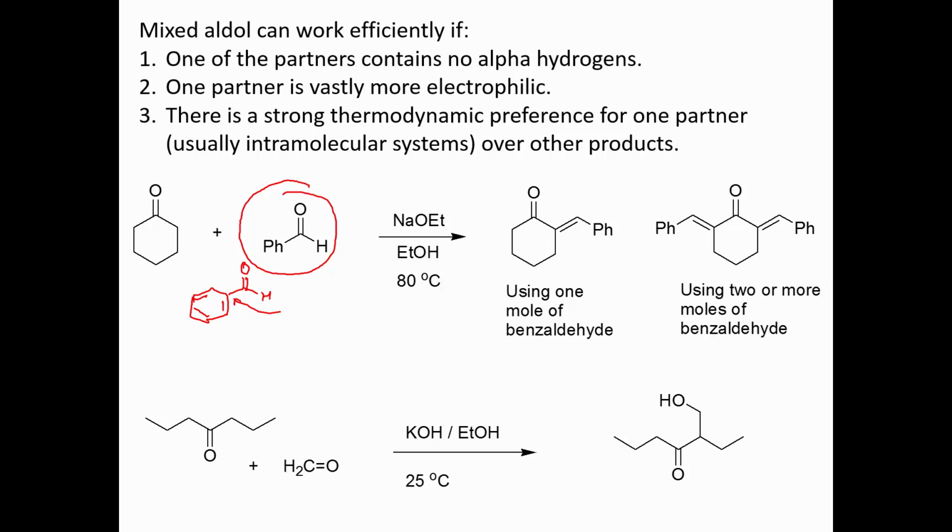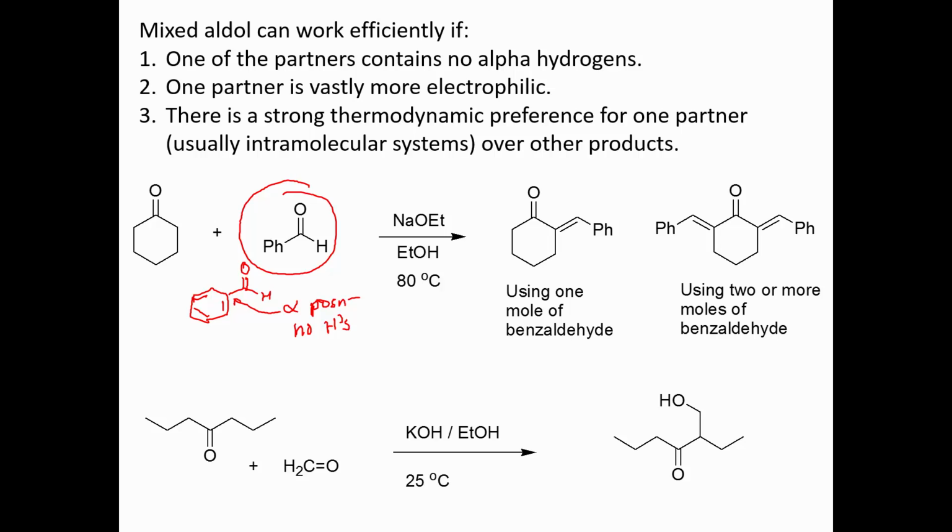Here's the alpha position, and there are no hydrogens here. So we cannot use benzaldehyde as an aldol donor because it doesn't have any alpha hydrogens. Its only role can be as an aldol acceptor.